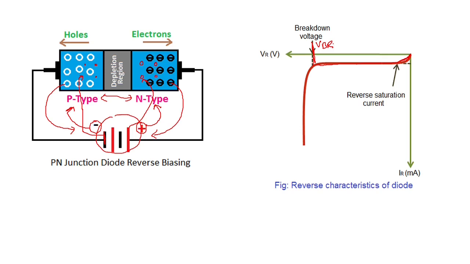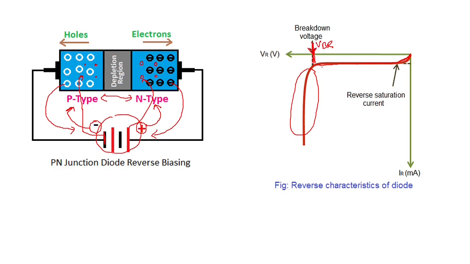So at this stage, when the reverse voltage reaches the breakdown voltage, there are sufficient minority charge carriers forming a large amount of current to flow. So here you can see a large amount of current is going to flow because of minority charge carriers at a breakdown voltage which remains constant.